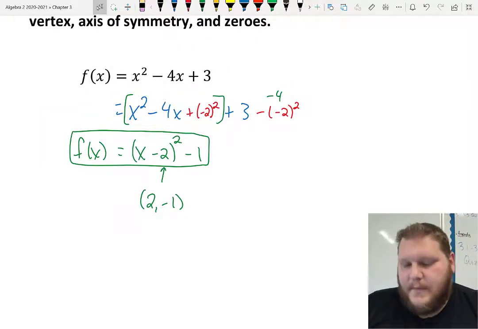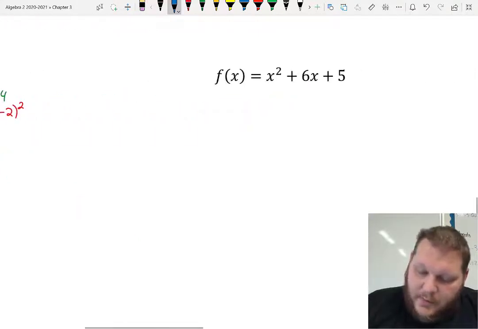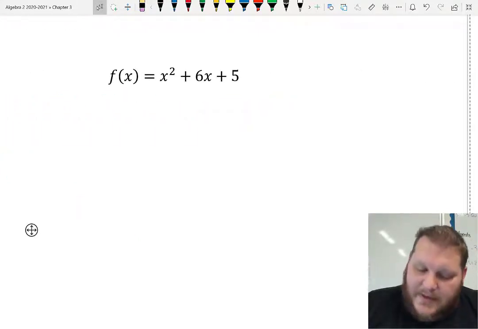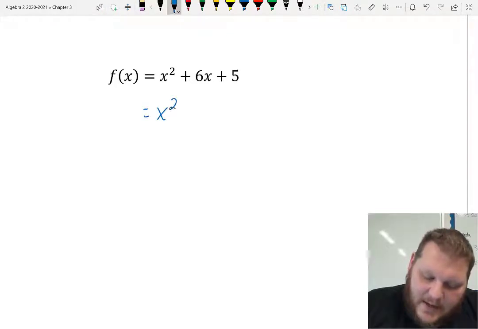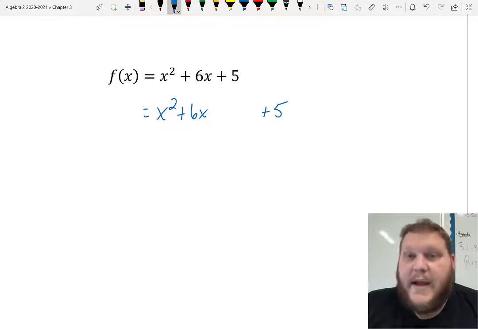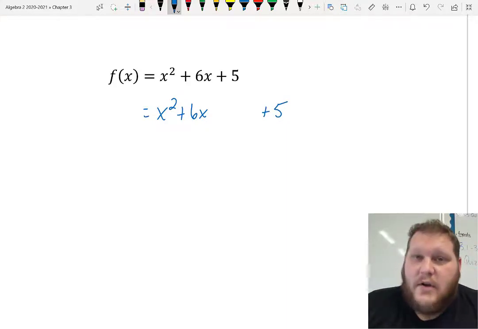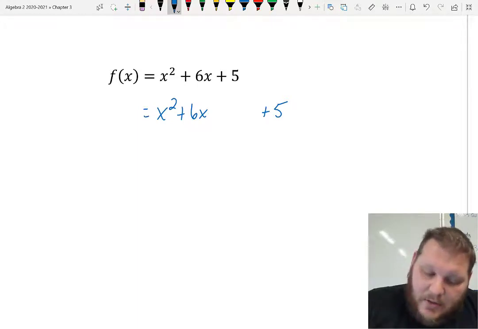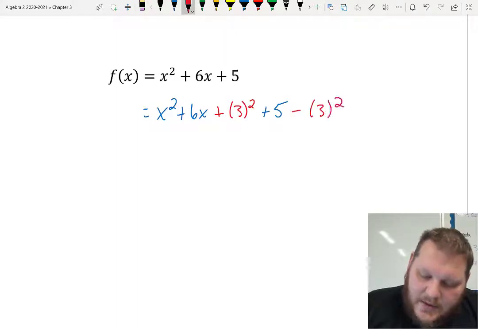Pretty cool. We're going to do one more just for good practice. So here for f of x equals x squared plus 6x plus 5. Again, I'm going to go ahead and add some space in here so I have some room to add my half of b. Because again, my leading coefficient is already x squared, and it's just x squared plus 6x that I'm going to try and group together here. If I add half of b squared, I have to subtract half of b squared.